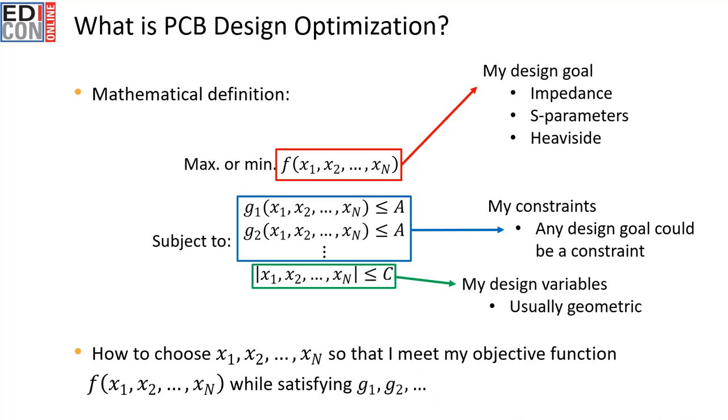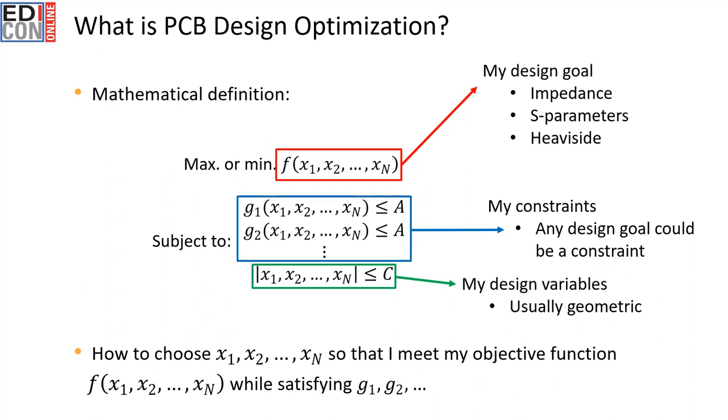So in PCB design optimization, and within the mathematical definition of optimization problems, we have an objective function that's outlined in red, and really this is just my design goal. Conceptually, that's all you need to think about: this is the design goal that I have set in my system, and this could be an impedance.